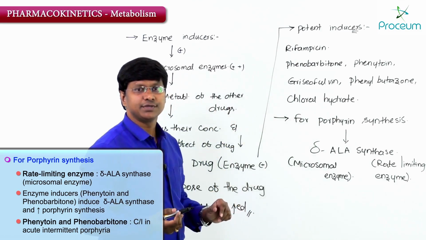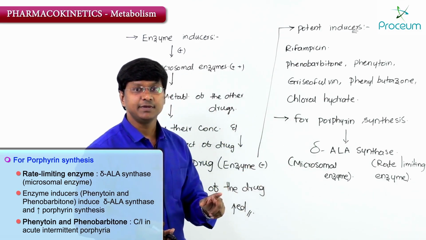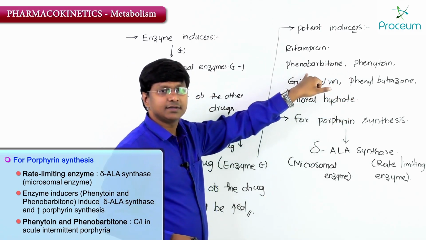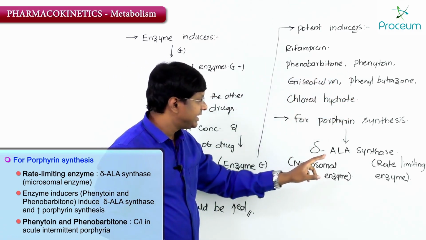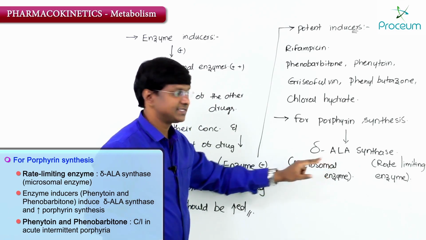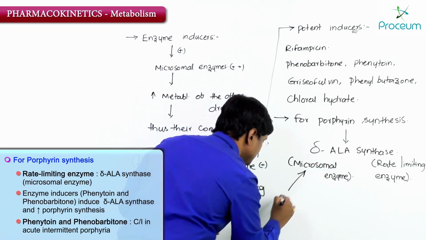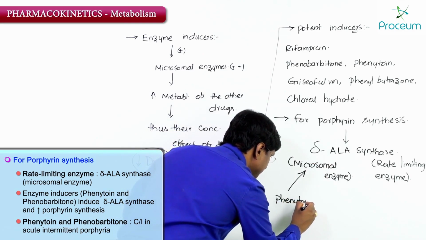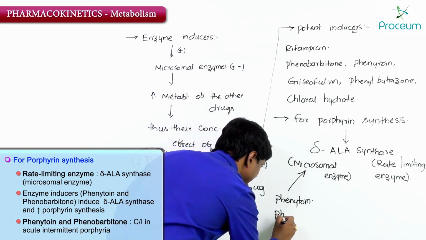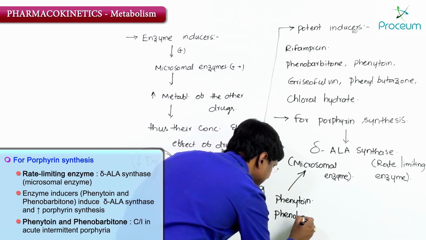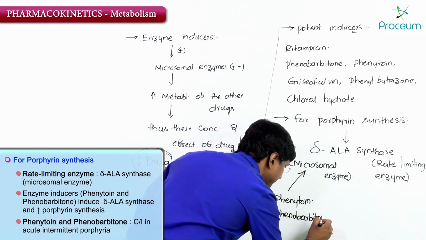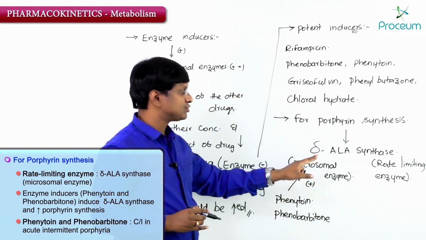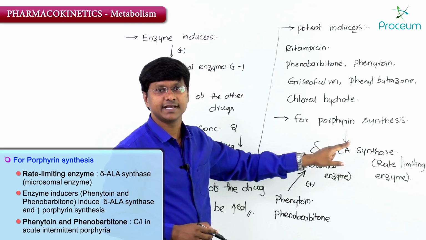Now the enzyme inducers, for example phenytoin or the other drug phenobarbital, will induce this delta amino levulinic acid synthase. Phenytoin and phenobarbital will induce this microsomal enzyme, delta amino levulinic acid synthase.